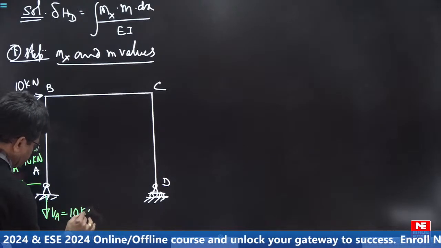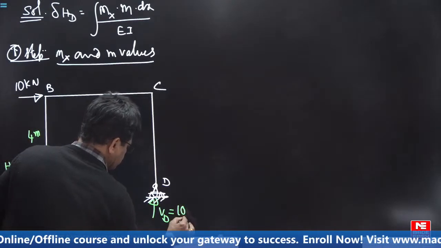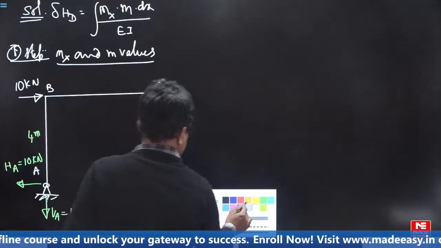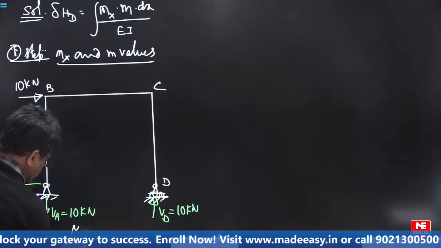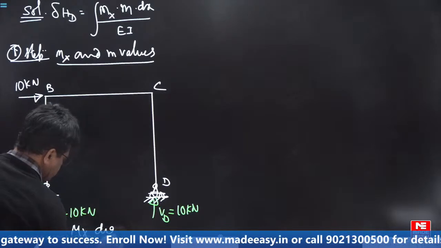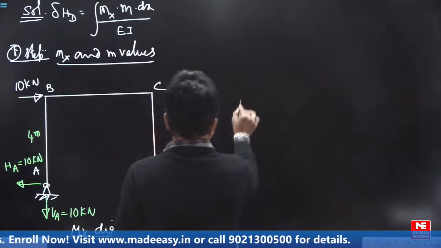VA is 10 down, VD is 10 up. Then this is the MX diagram, we can say. Means from this you will get MX calculations. Then small m.